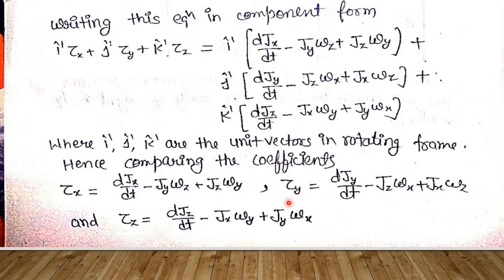Similarly, tau y equals dJy upon dt minus Jz omega x plus Jx omega z, and tau z equals dJz upon dt minus Jx omega y plus Jy omega x.